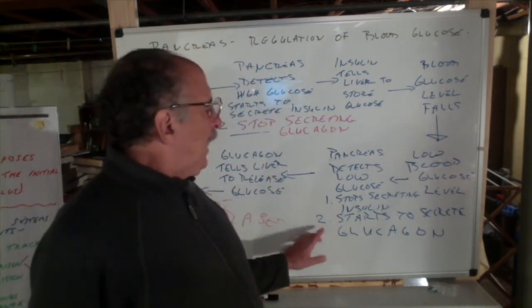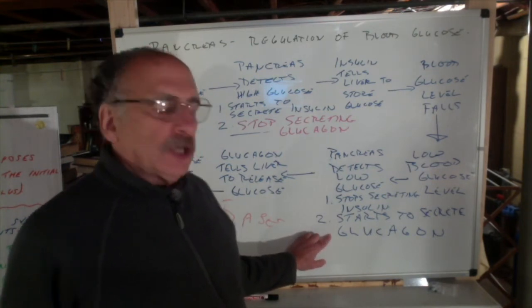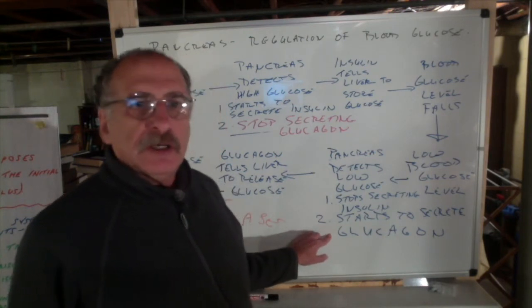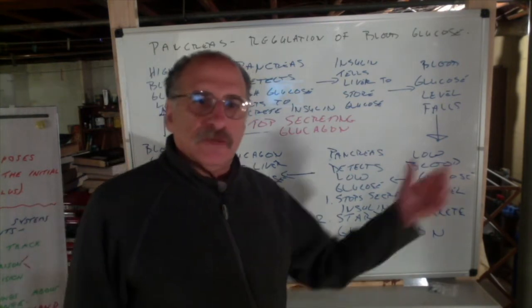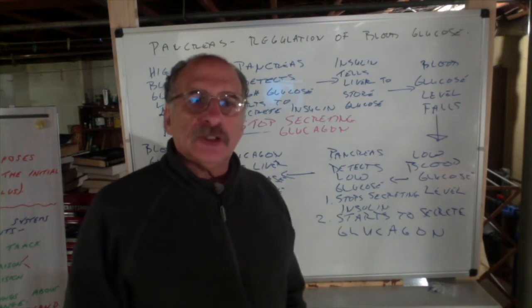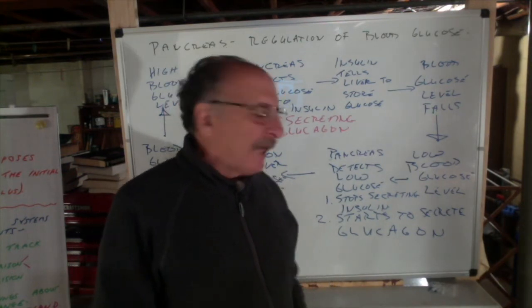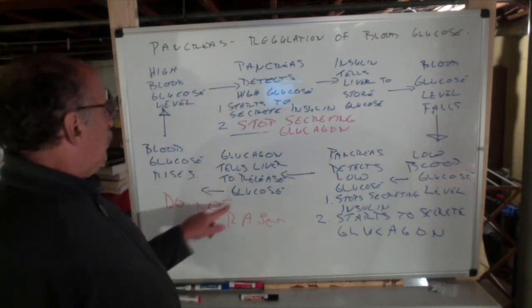So the pancreas is going to secrete a second hormone called glucagon, which carries the opposite message of insulin. The message of insulin tells the liver to store glucose. The message of glucagon tells the liver to release the glucose back into the blood. So the glucagon tells the liver to release the glucose.